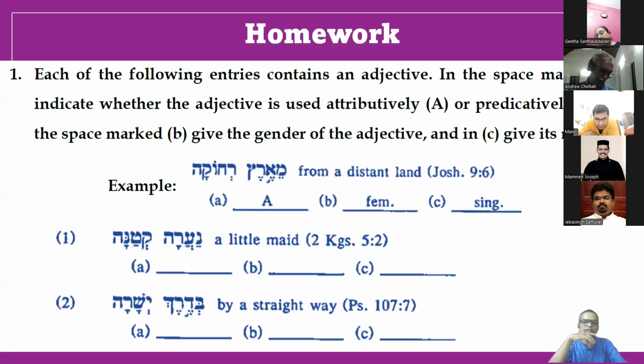So the first one, can you read? Ain is not Y. You cannot pronounce Ain, so move on to the next element. There is a vowel.